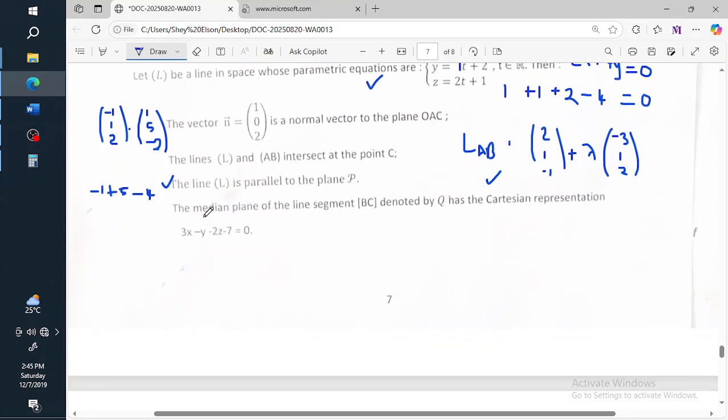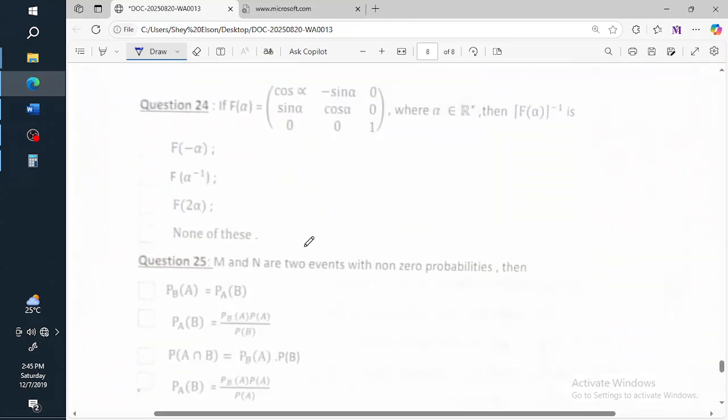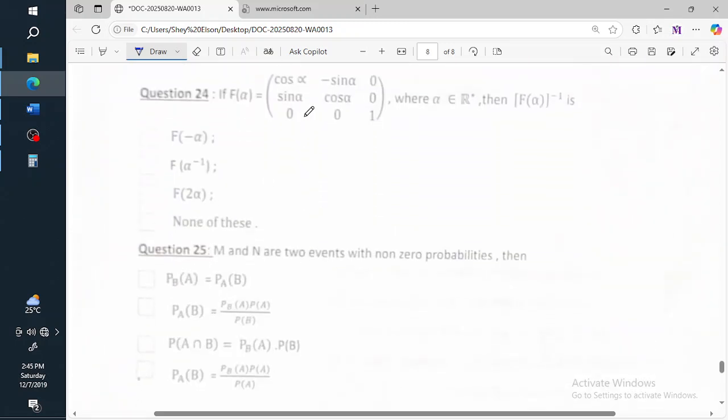Next one, the median plane of the line segment. If you can solve this one, let me know. If not, I'm going to solve it. I think you can solve this one, right? Just find it, because this question says f alpha all inverse is, so just find the inverse of this matrix, then compare it with these answers.